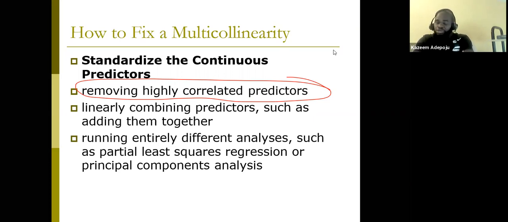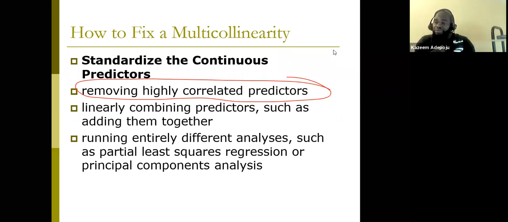But it's not all the time that we are going to remove. In situations where predictors are significant when we run the initial regression, we cannot remove.